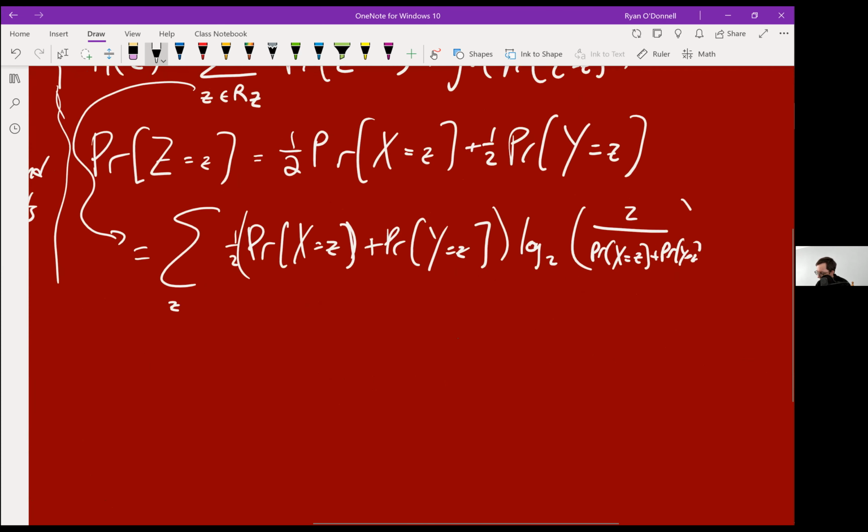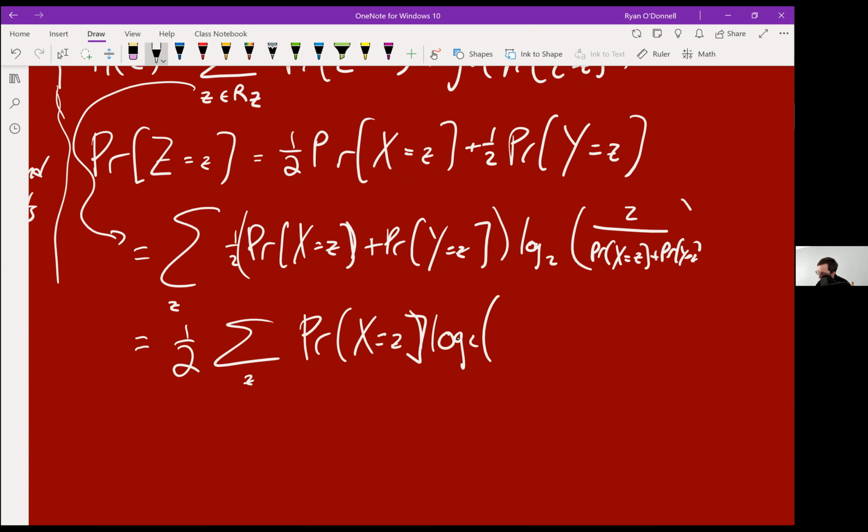Because there's no move to try here other than breaking this into two sums. So, all right, we have half sum over z, probability that X equals little z times the log of this kind of annoying expression. It's not very clear how to split that though, because logs are nice when you have multiplication, not so nice when you have addition.